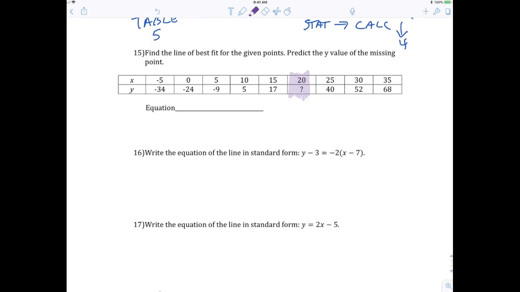Somebody tell me what the equation is when you get there. You get it? So now you go to stat. You're going to calculate the line, right?